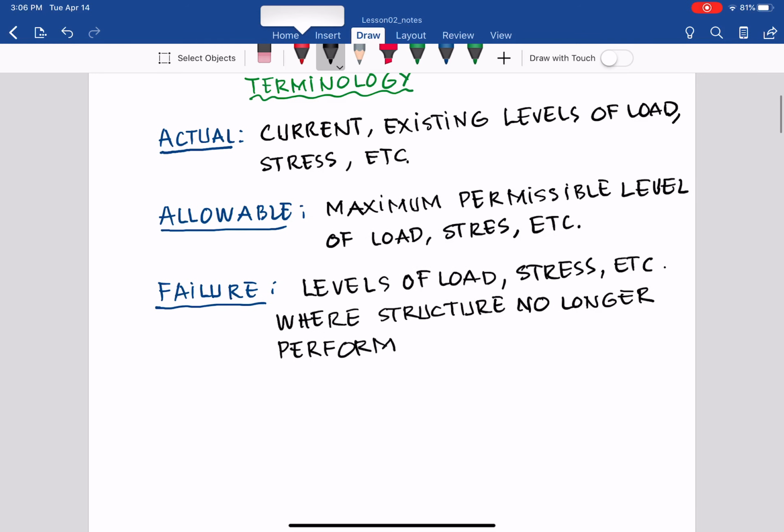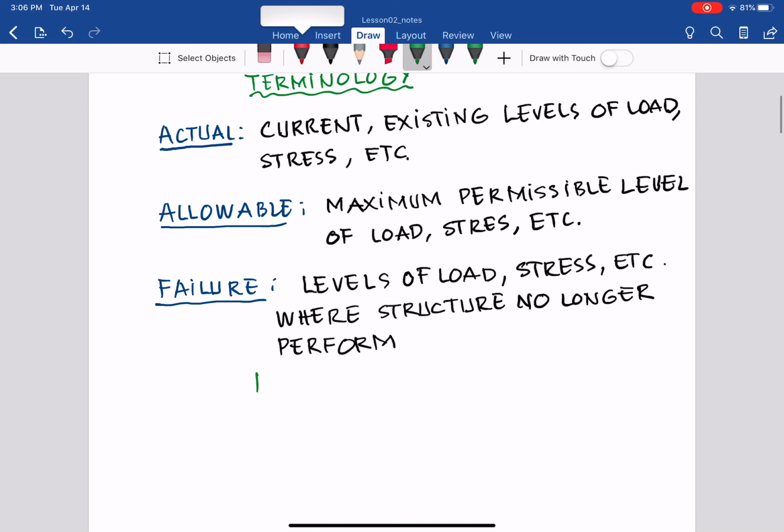And then the next term that is also very important for us to go through is the factor of safety. I think you have already heard of that in real life. Life has so much uncertainty, so we need to consider the factor of safety in our design as an engineer.